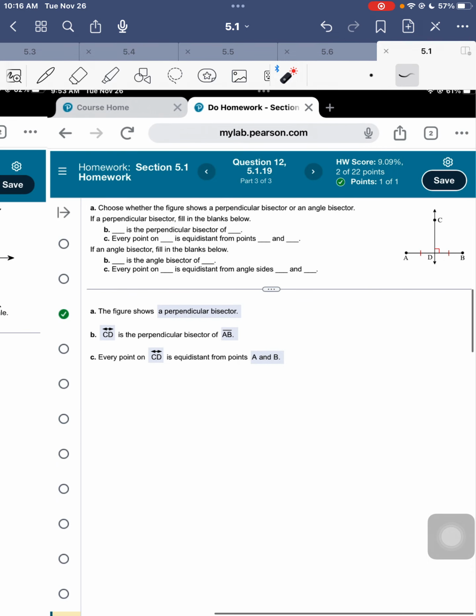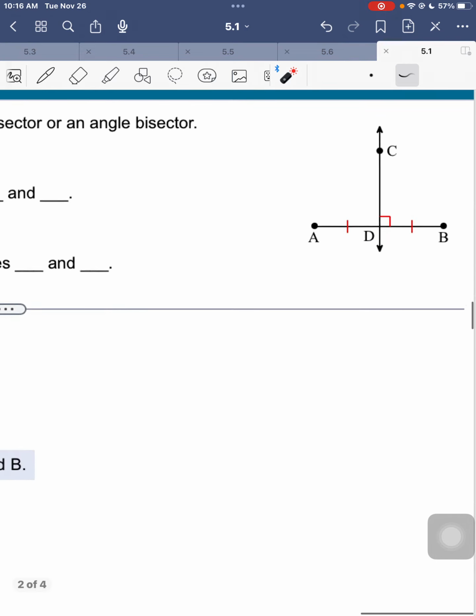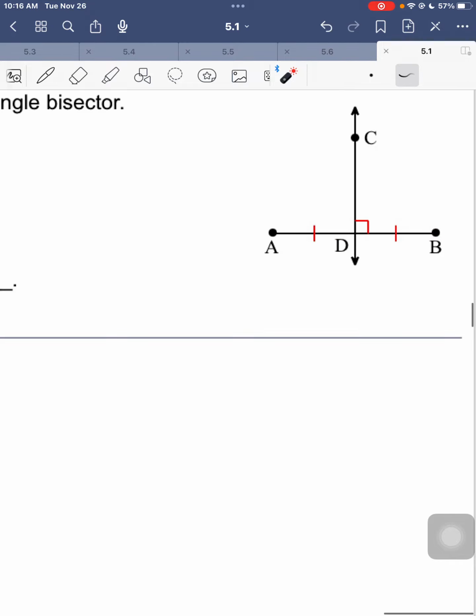So let's take a look at this. Choose whether the figure shows a perpendicular bisector or an angle bisector. Well, we know it's not an angle bisector because no angle was bisected. There's no arcs. This is not an angle. It's a line segment. So we know we clearly have a perpendicular bisector, right?